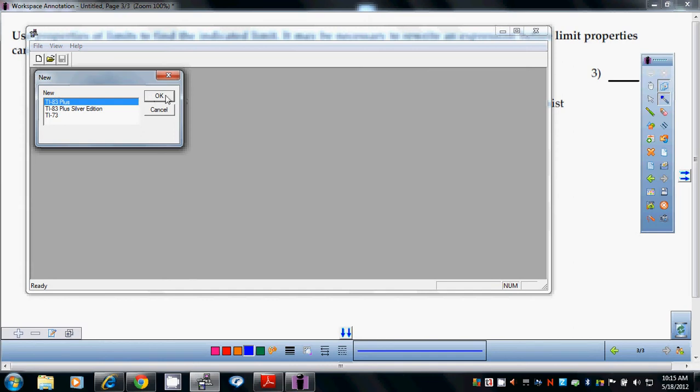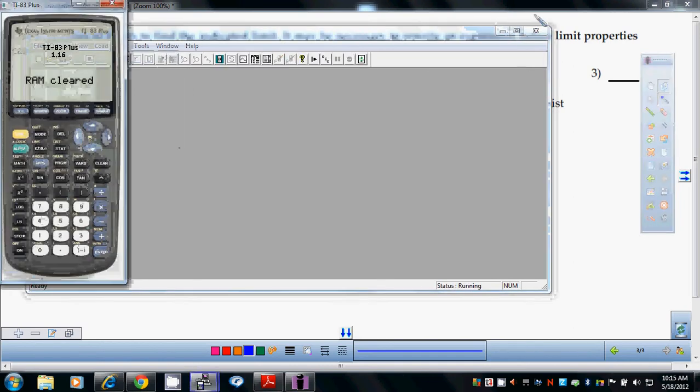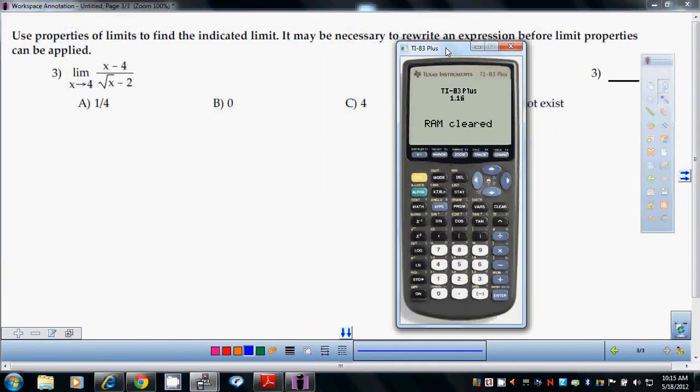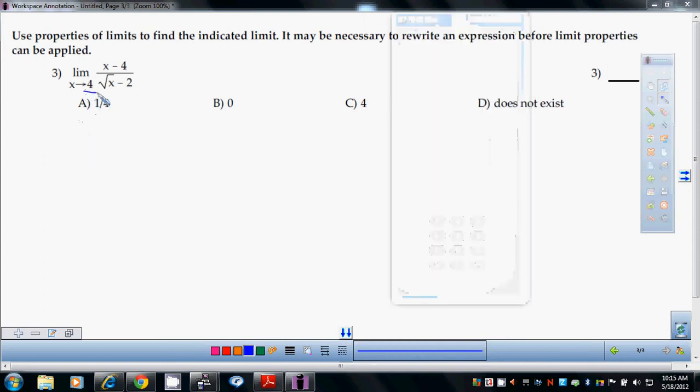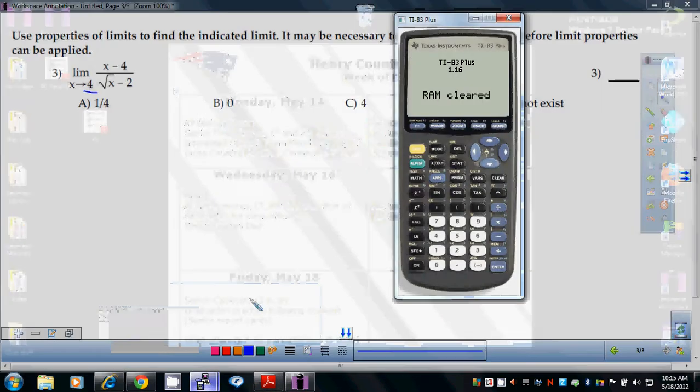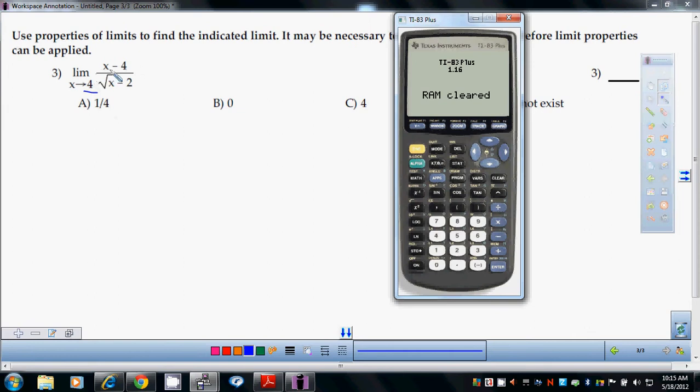I'm going to bring it back up, Allie. I just have to bring up my calculator. So you get 0 over 0, and you have to trace values close to 4 and see what the y value would be. Square root of 4. All right. Y equals parentheses x minus 4 divided by square root of x minus 2.